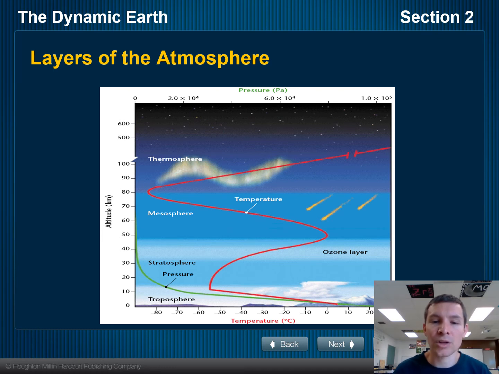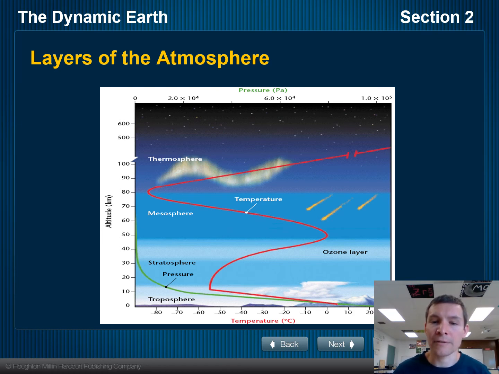So first, as you're in the troposphere, you have this increasing temperature, and your pressure is decreasing as you're going up. You can see that the red line marks the temperature and the green line marks the pressure.